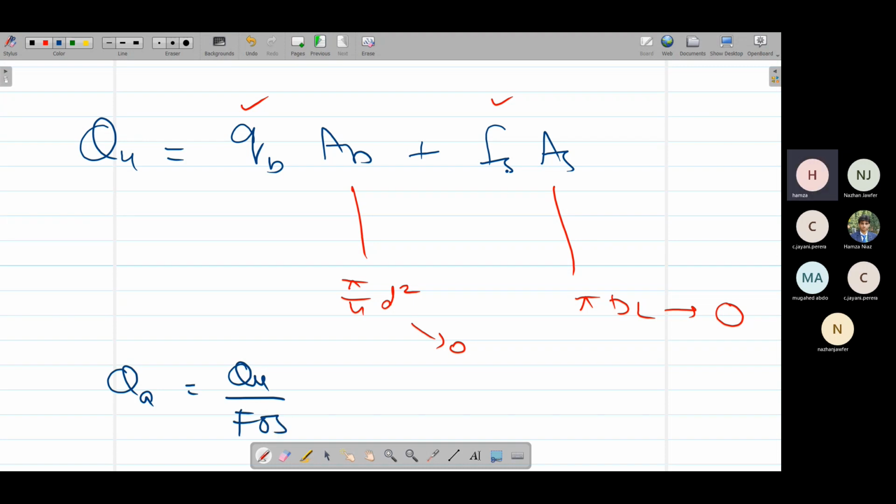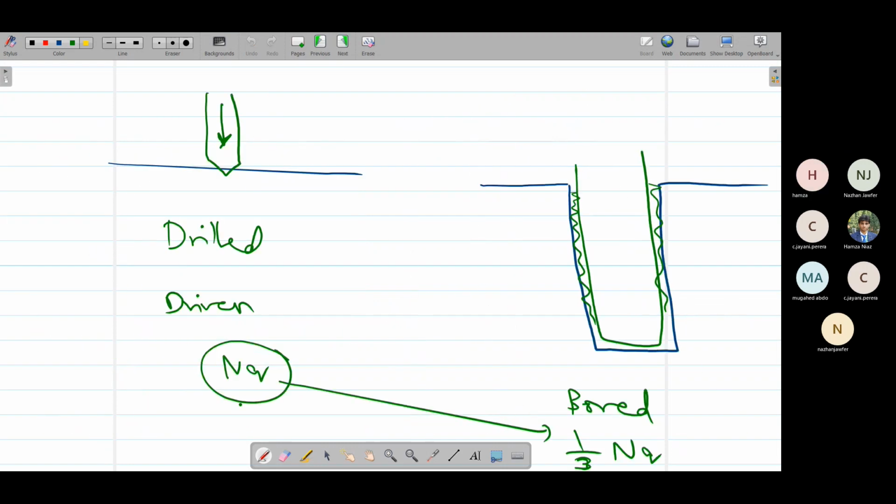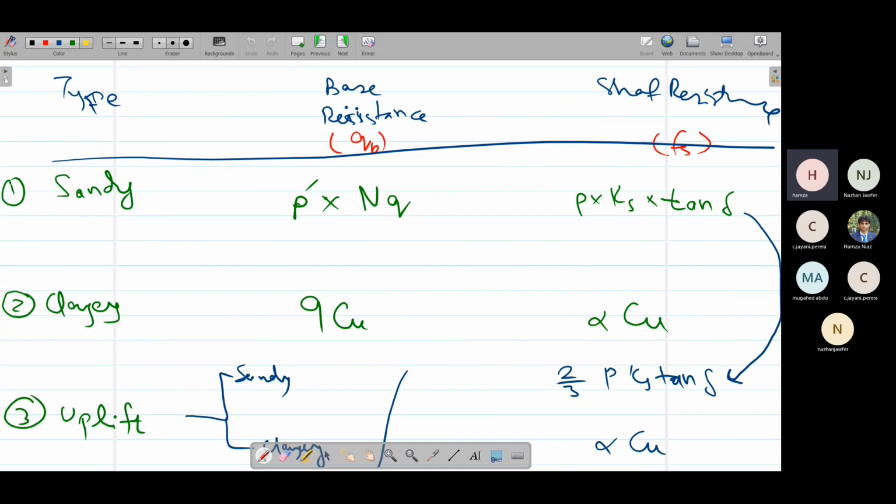So in each question for sandy, for clay, for uplift, we'll follow this whole procedure. Just the difference would be that QB and Fs values would be calculated from different formulae, like I discussed in this table. For sandy soil, we know these QB and Fs values. For clay soil, the formula would change, and the QB value would be 9 times Cu and the shaft resistance would be alpha times Cu.